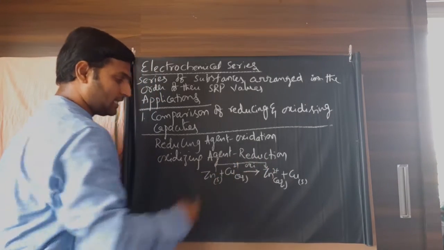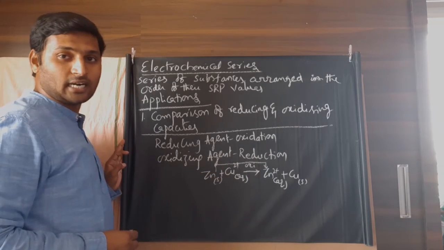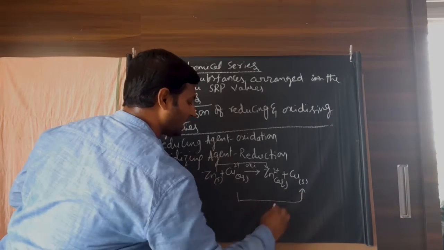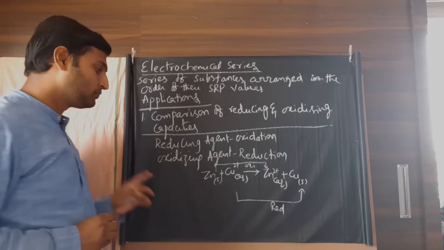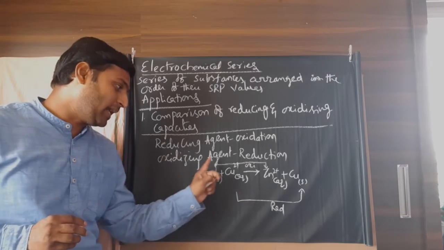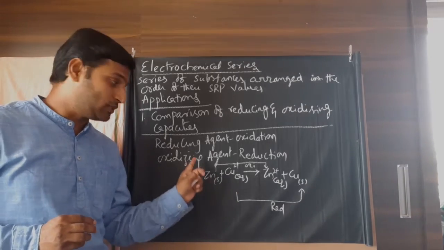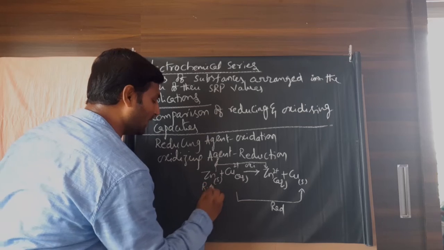Its oxidation number is increased, it has lost electrons, changed from 0 state to +2 state, so it has undergone oxidation. Copper ions have undergone reduction by gaining 2 electrons, as you can see. Now, who has supplied electrons for copper ions to undergo reduction? Zinc. So, zinc is responsible for the reduction of copper ions, that's why zinc is the reducing agent.